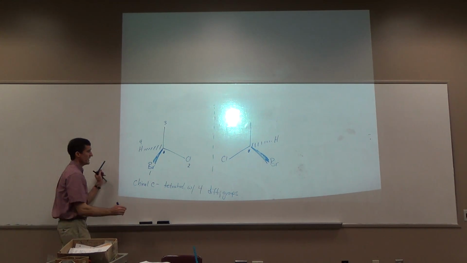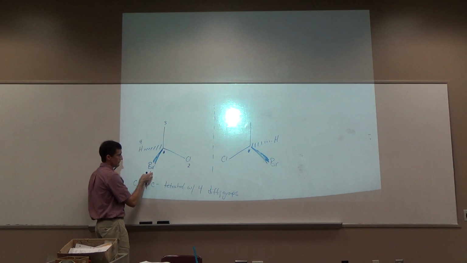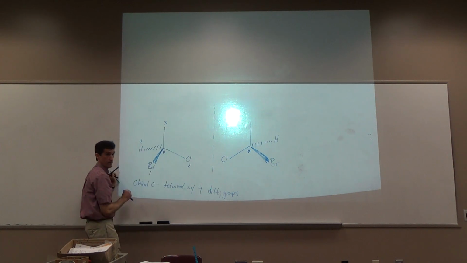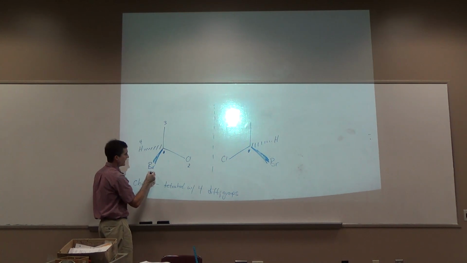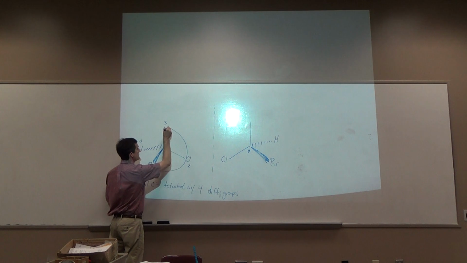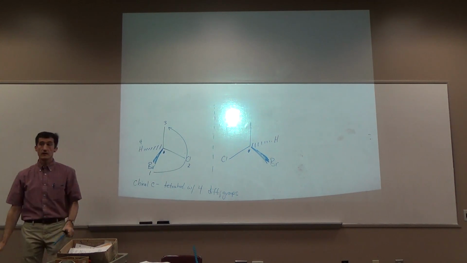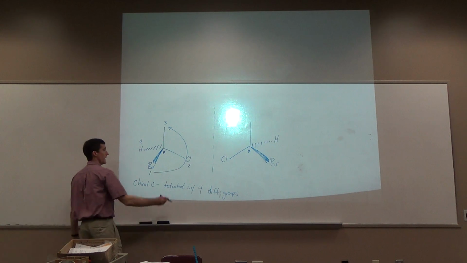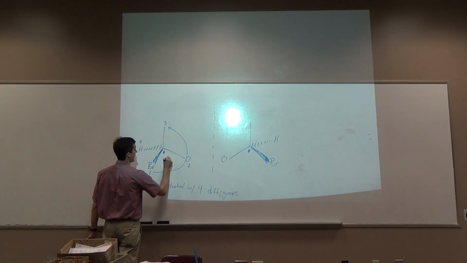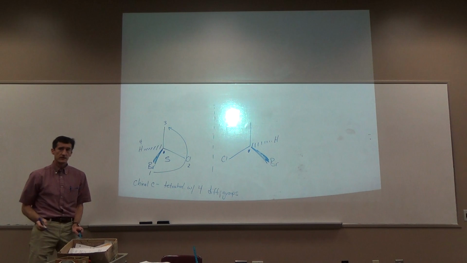You put those on your paper, and then you look. When you go from 1, 2, 3, are we going clockwise or counterclockwise? Counterclockwise. Counterclockwise is called the S configuration.